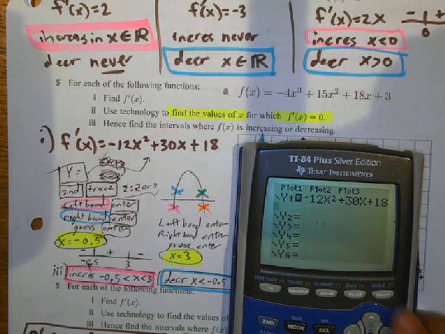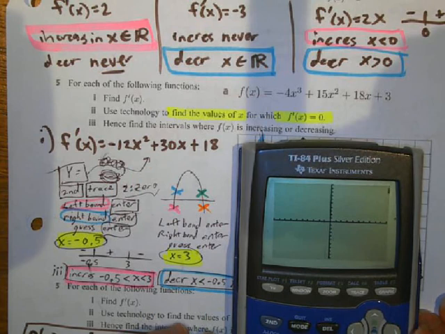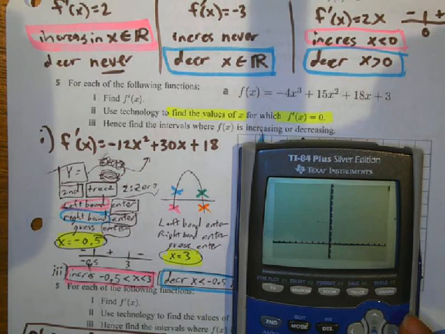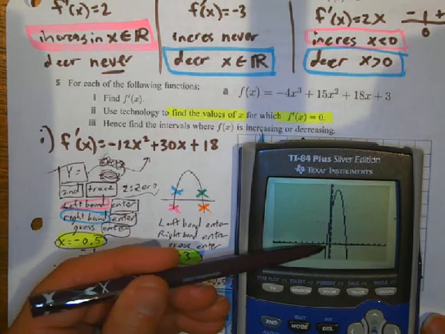Okay, graph, and we're going to see it's probably going to cut off the page, right? So we need to change our window. Let's change our y max to something bigger. I don't know, 40. Is that big enough? Sure, that's big enough. So I want to find this 0 right there.